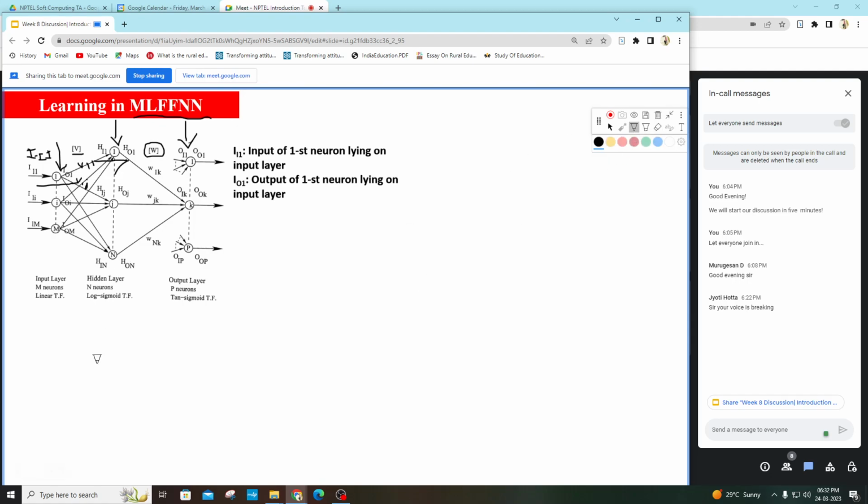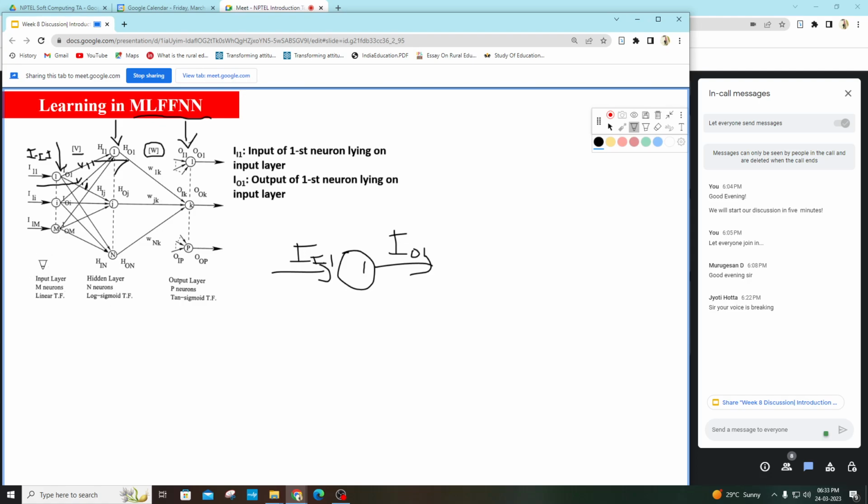Okay. Now I have told you that for this neuron, this input we know I1 and output, that is IO1. Now how we will be getting output from this input? For this we have several transformation functions or activation functions.